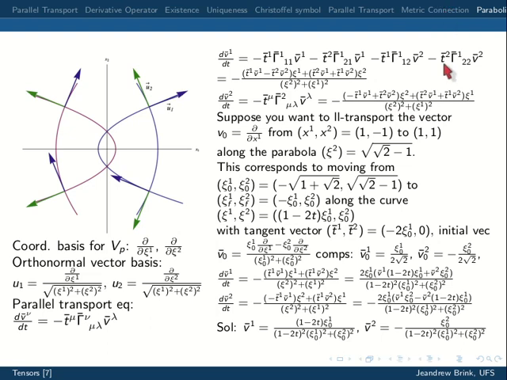In other words, get your connection in, given the metric, work out its inverse, work out its derivatives, and then combine it to get the components of the Christoffel symbols, and then know that this is your parallel transport equation.